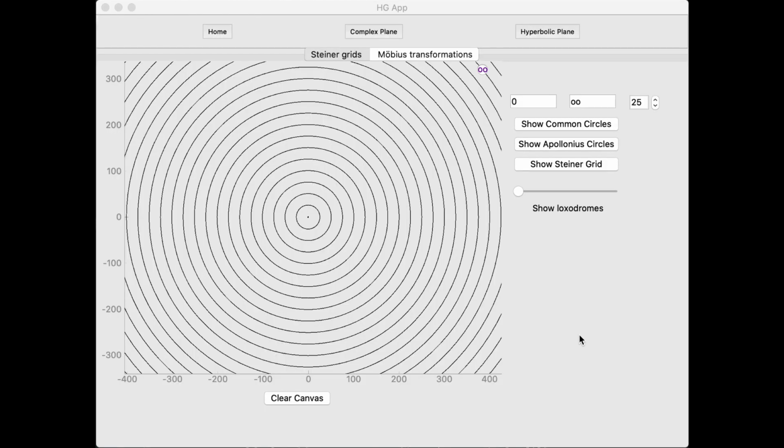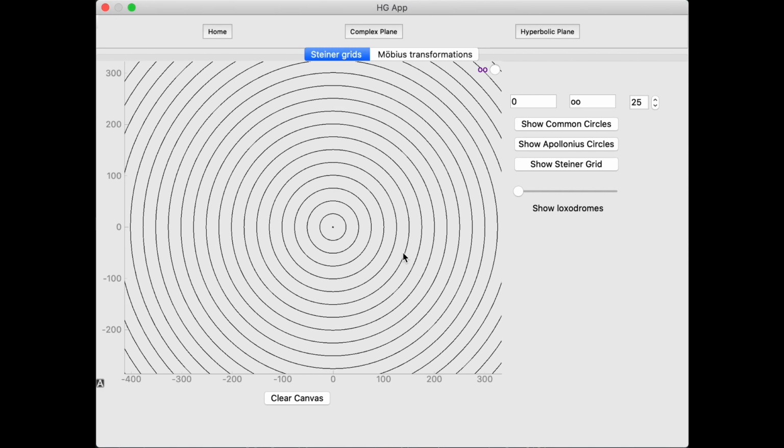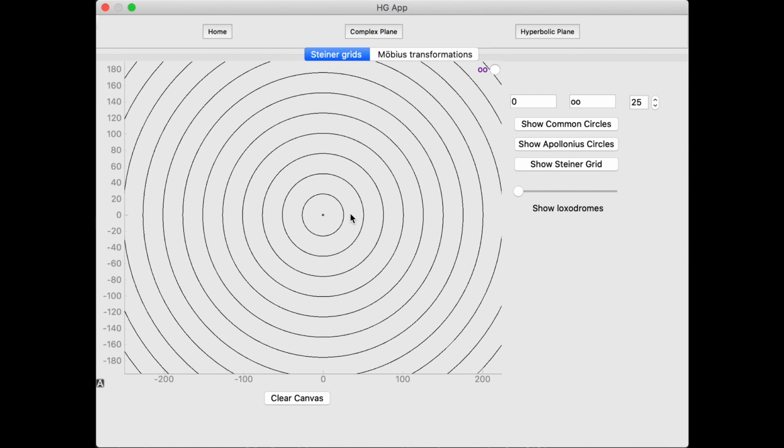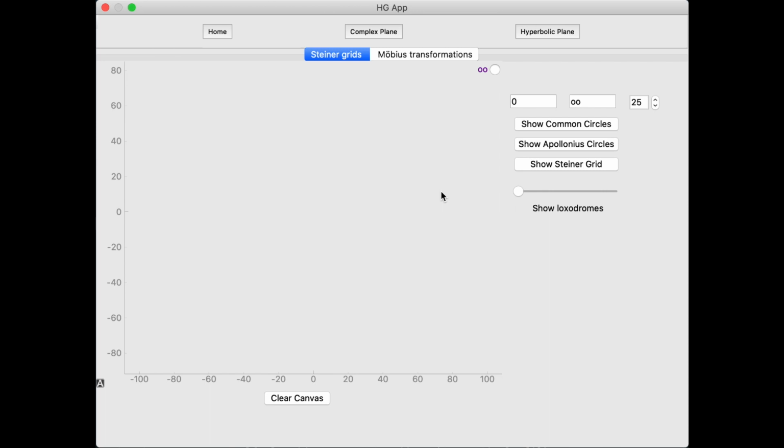Here we can see some of the Apollonius circles of 0 and infinity. As you can see, they are simply circles in C centered at 0, which is the finite point among 0 and infinity. Let us now see some of the Apollonius circles of 0 and, let's say, 50 plus 40 times I, which in Python is j.